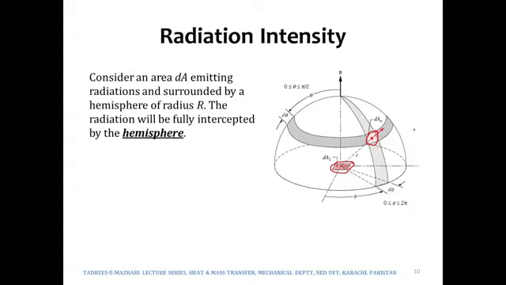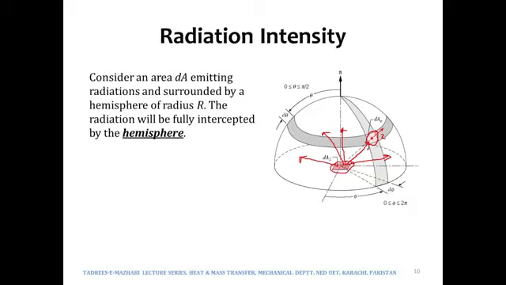See, when the radiation will leave body 1, it will not only be incident on body 2, rather the radiation which will leave 1 will go in this direction, in this direction as well, and in this direction as well, and only some of it will be incident on 2.